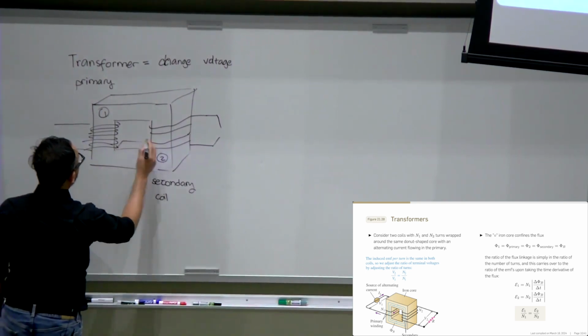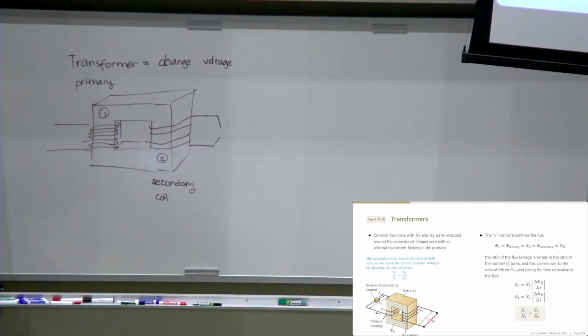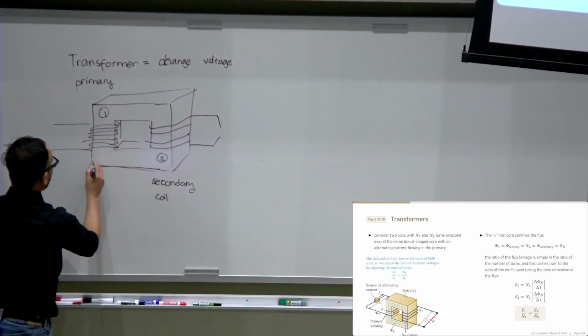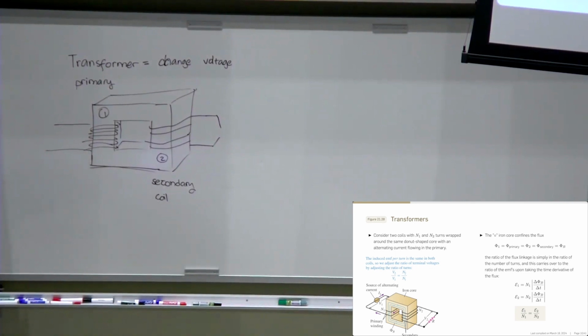So now the question is, why do we need this iron, this conducting material? Anyone still remember from your proposal? Why do we need this iron core? People at the back.